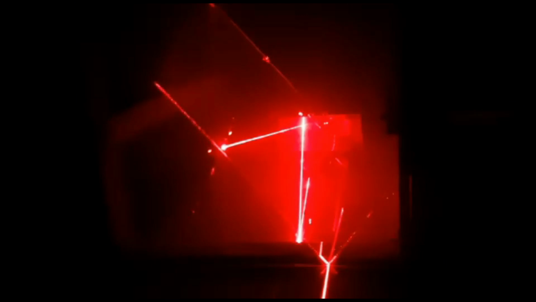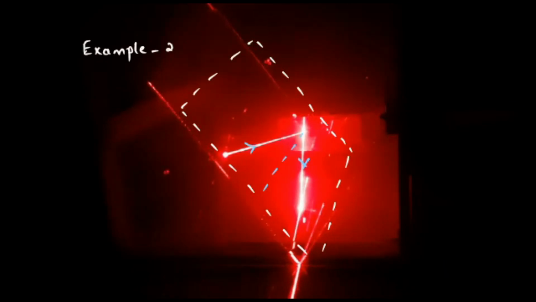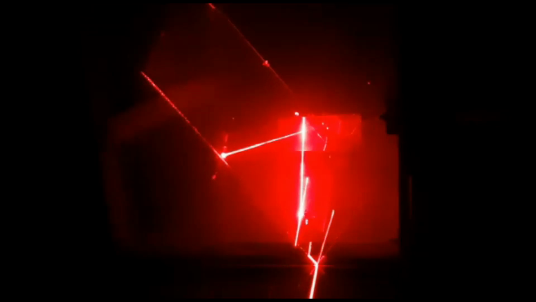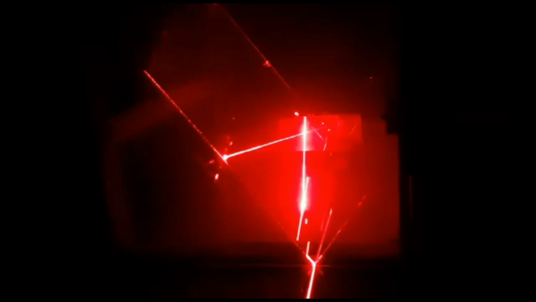All of them are in the same plane. Remember, the orientation of the plane can be anything. So here I've tilted it to the right, around 60 or 70 degrees. Here too you can see all of them are in the same plane: incident ray, reflected ray, and the normal.